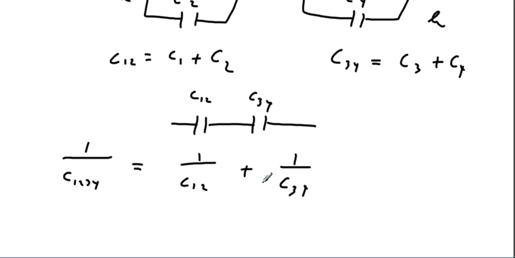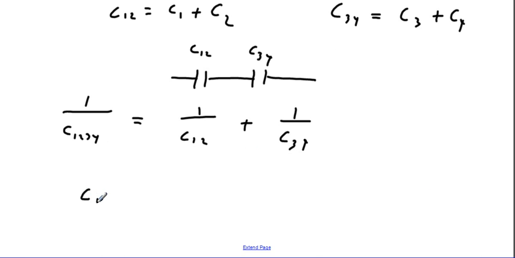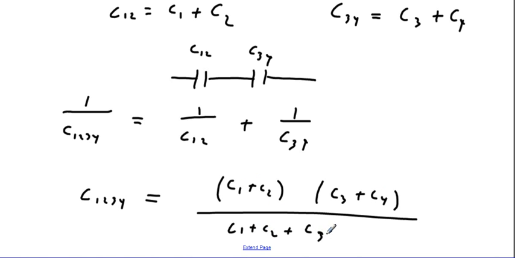If we find a common denominator, add, and take the reciprocal, we'll find that C1234 is C1 plus C2 times C3 plus C4, divided by C1 plus C2 plus C3 plus C4. And I only skipped a half page of steps there.